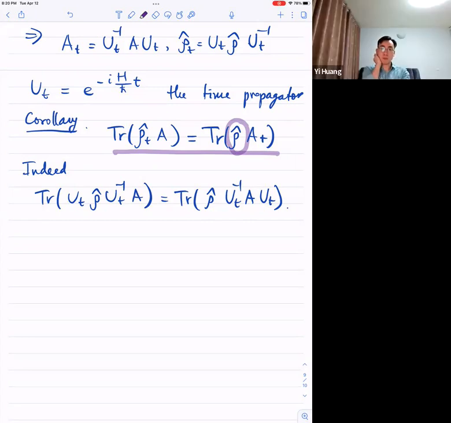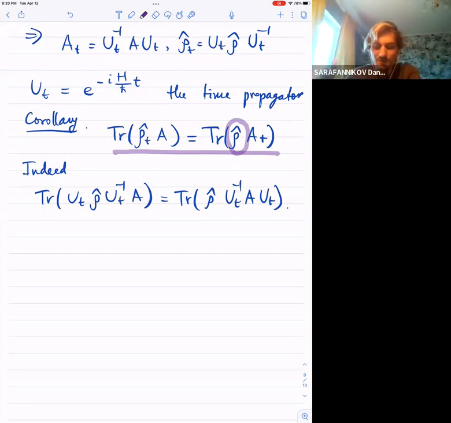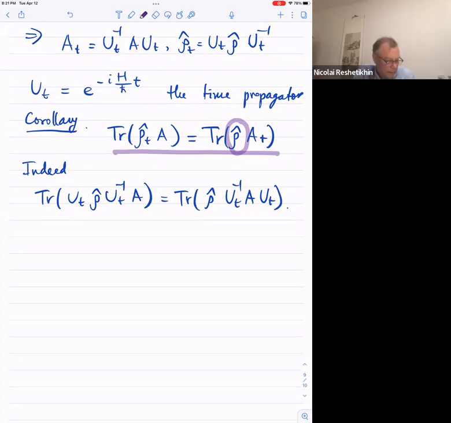So, can I think of them like objects that are dual to each other, like vector space and dual vector space, and the trace is just a canonical pairing, for example? I would rather say the following, that the trace is a scalar product on the space of operators.